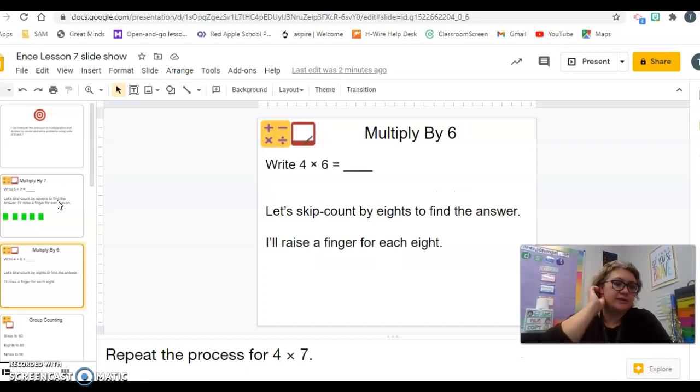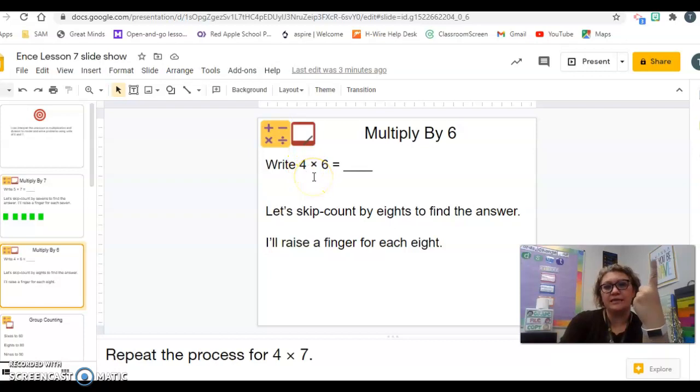Okay, now let's do 4 times 6. And we're going to skip count by 8s to find the answer. I'll raise a finger for each 8. Okay, so half of 6 is 3. So when we're counting by 8s, we only have to do 3 instead of 4 because we're doing half of 6 because we're doubling this number.